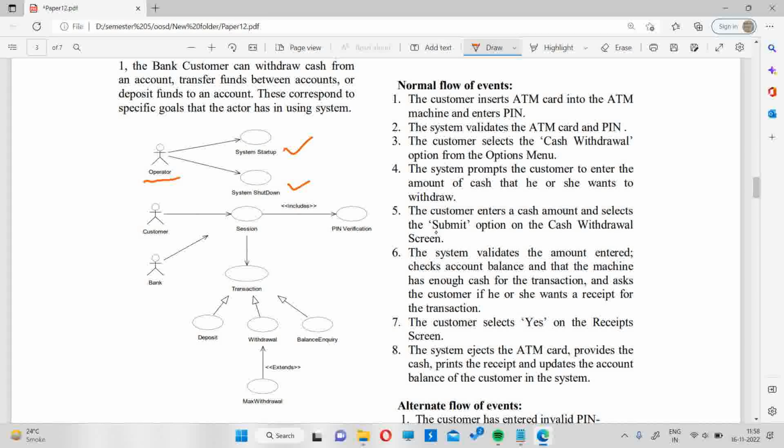The customer starts the session, does pin verification and transactions; he can deposit, withdraw, and do balance inquiry. The bank will authenticate everything and will keep an eye over each transaction. I hope I am clear to you all up to this.